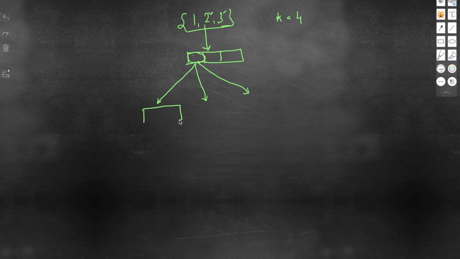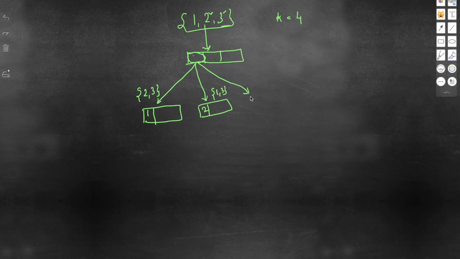I can fill this box with 1. If I fill it with 1, now only 2 elements are left in my set, that is 2 and 3. If I fill the first box with 2, the set remains as 1 and 3.